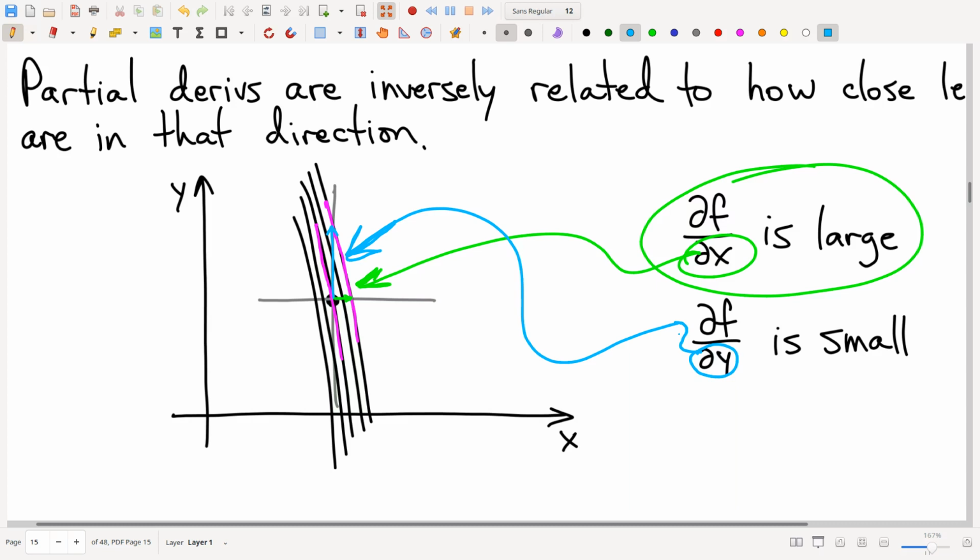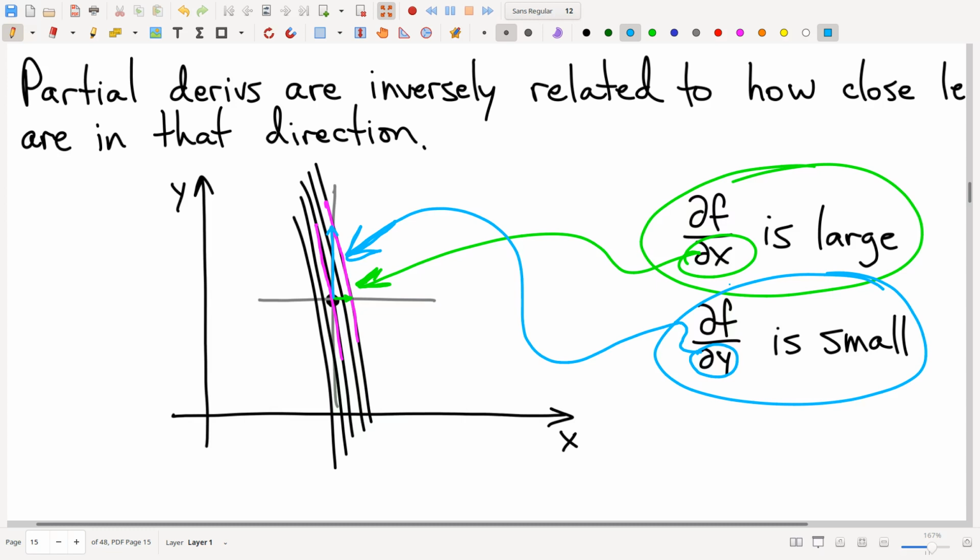So I have a relatively large denominator, and so you'd expect the y partial to be small, because it's not that steep in that direction, because it took me a long distance to gain the same altitude. So what you get out of this is a loose interpretation, not a precise geometric picture, but a loose feel for how partial derivatives look in the level set context.